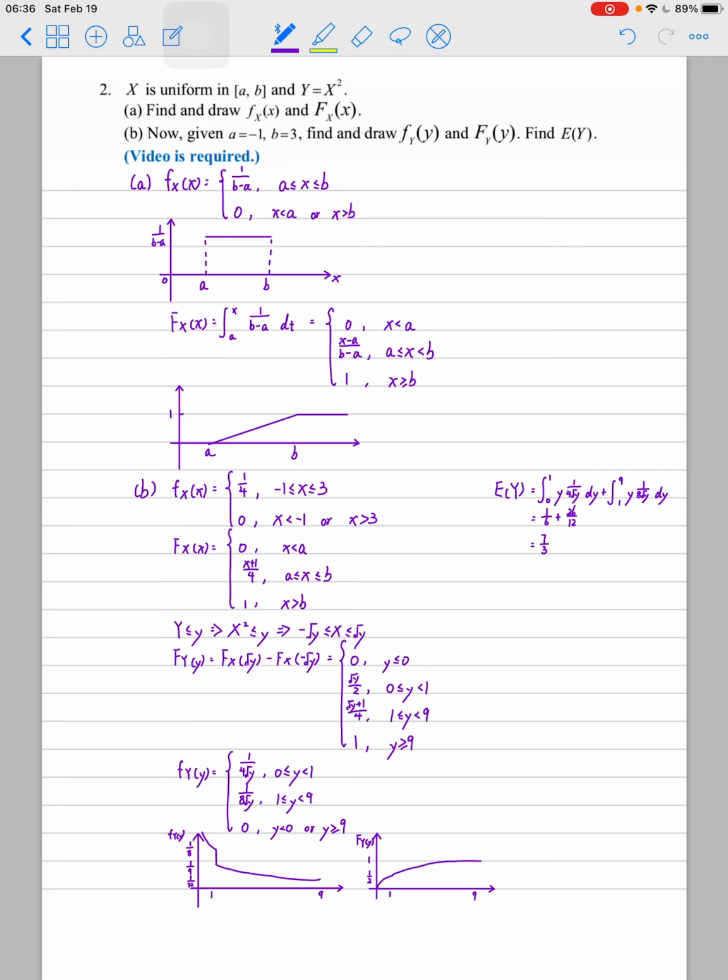And these are two diagrams I drew for f_Y(y) and F_Y(y).